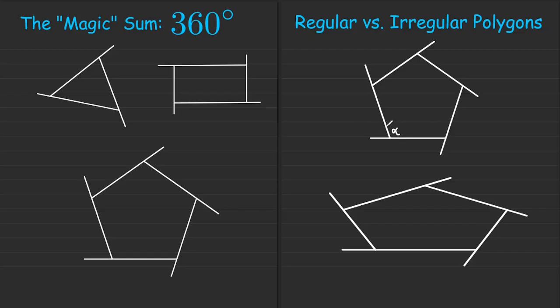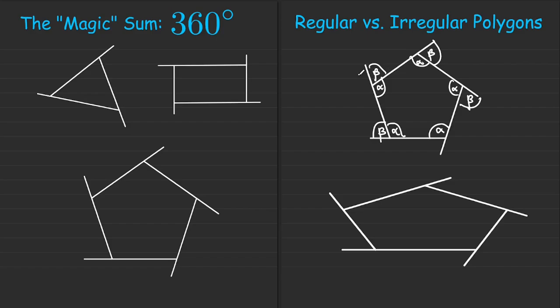If we have this as our alpha and then this as our beta, this alpha is the same alpha we have over here because they are all the same. And that will simply mean that all the exterior angles as well will be what? Beta, because their linear pairs are the same.